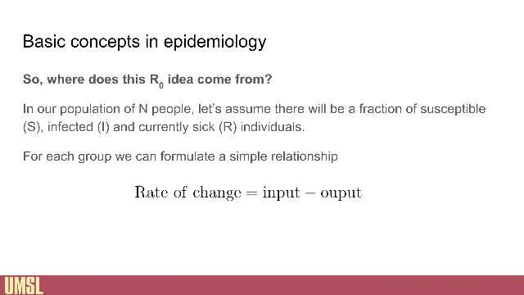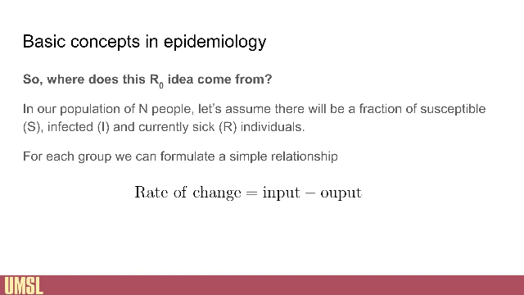Now, the thing that's simple and nice about this particular model is that no one dies, right? It's the simplest possible model we can have. The important thing is that, depending on what's happening to these different populations of people, these numbers are going to change through time, right?